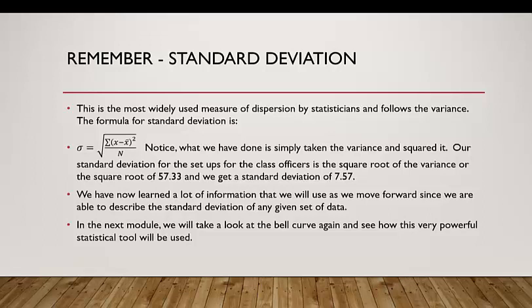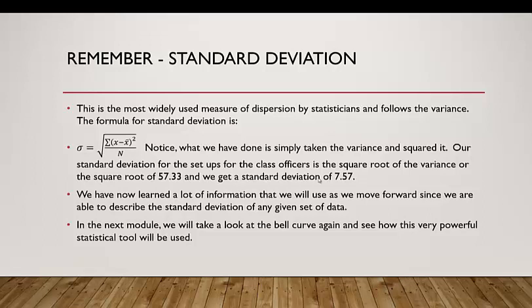And this is how it is written: sigma equals the square root of the sum of the score minus the mean, squared, over N. That's variance in there. Notice what we've simply done is taken the square root of the variance. So when we do that to our sit-ups, we find that the standard deviation was 7.57.